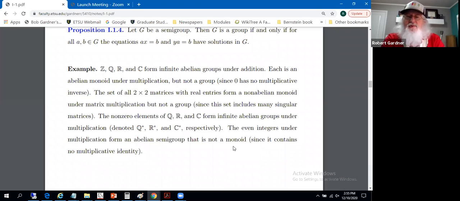Yeah, 2 is an even integer, and it doesn't have an inverse that's an even integer. So, in fact, there's no inverses for any of the even integers. Identity under multiplication, I need 1 for that, and 1's not an even integer. So that's why we don't have a multiplicative identity, and that's why that collection of numbers forms a semigroup, but not a monoid. No multiplicative identity, 1 isn't in this collection.